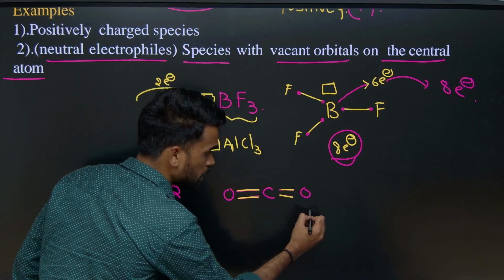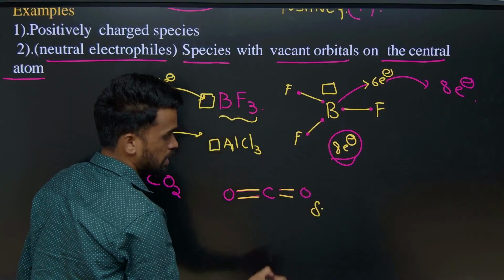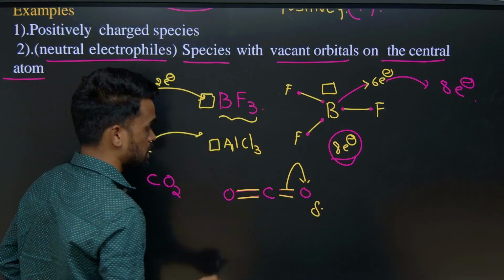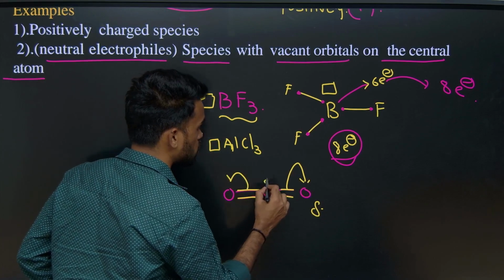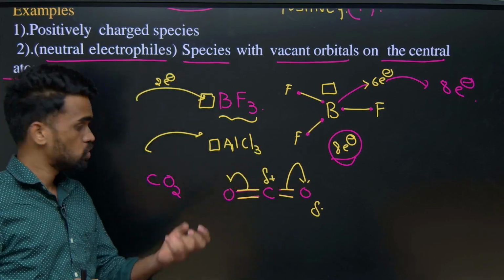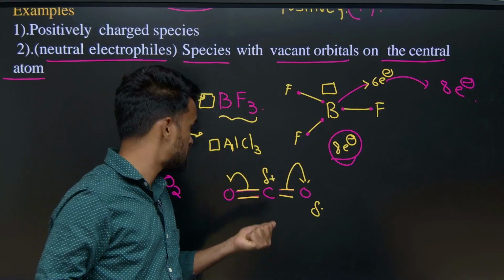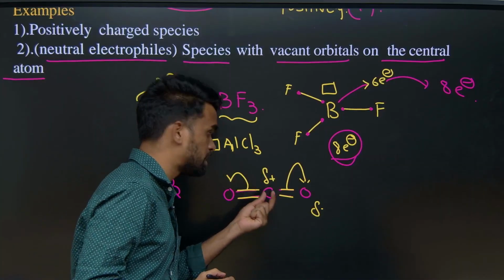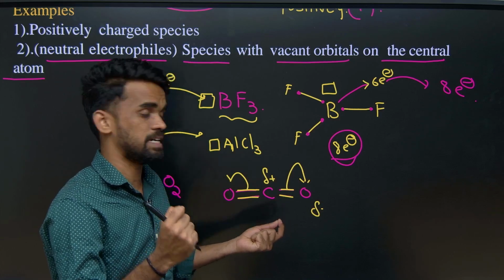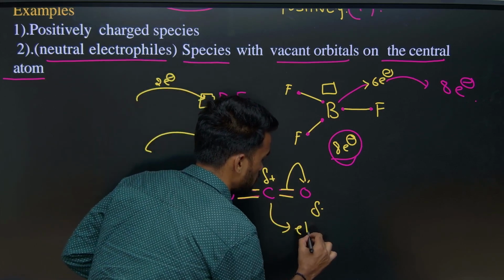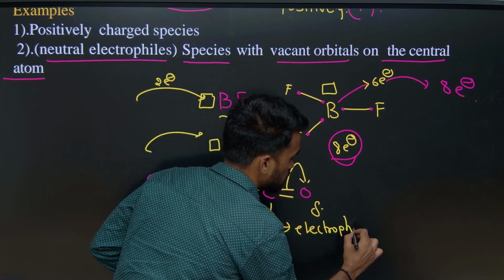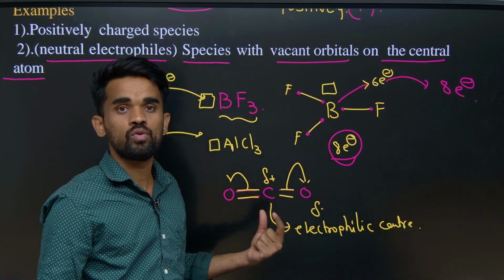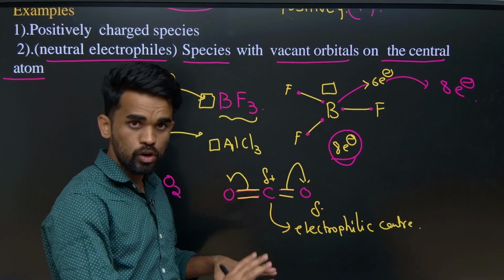Now we know the electronegativity of oxygen is more, therefore the bonded electrons are pulled towards the oxygen atoms. So what will they create? They create some positive charge, some electron deficiency, on the central carbon atom. Therefore the carbon center can be considered an electrophilic center. So now the overall molecule we can consider as an electrophile. I hope this is also clear.